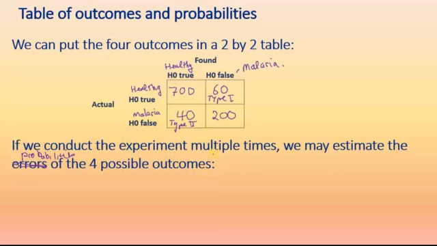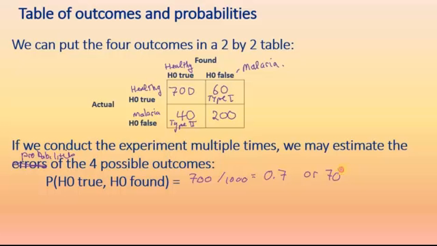proportion. So out of 1,000, we had 700 where H0 was true and H1 was found, so that's 700 out of 1,000, which is 0.7 or 70%. Okay? Now, the probability of type 1 error, that's the actual is healthy but is found to have malaria.